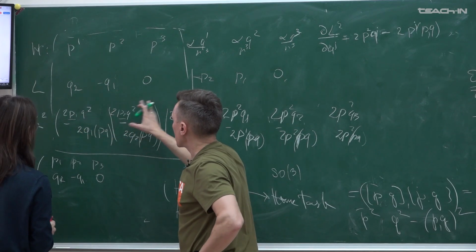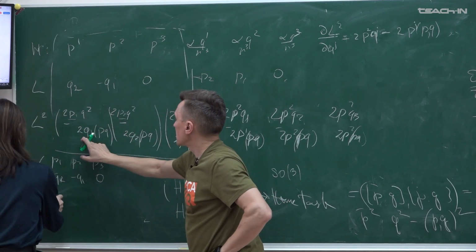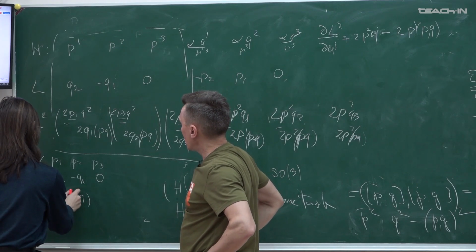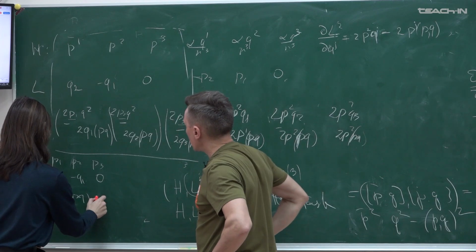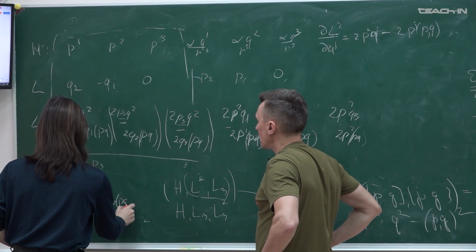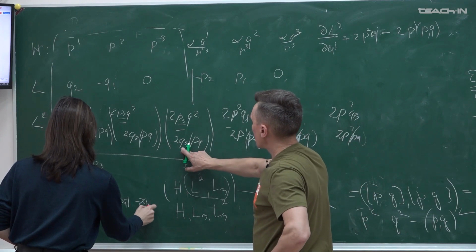So this will cancel. Minus 2q1 pq. Minus 2q2 pq. And minus 2q3 pq.